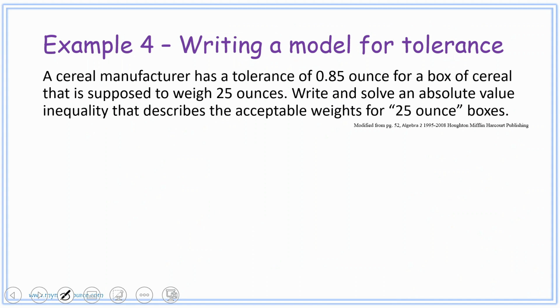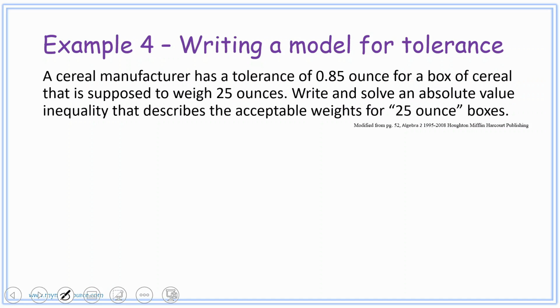All right, so now let's use an example of tolerance. Tolerance means that you have an acceptable value, and sometimes you could be outside of the tolerance zone or within the tolerance zone. And if you can be outside and within, that means that you're dealing with inequalities and even absolute value. So a cereal manufacturer has a tolerance of 0.85 ounces for a box of cereal. It's kind of like a plus or minus.